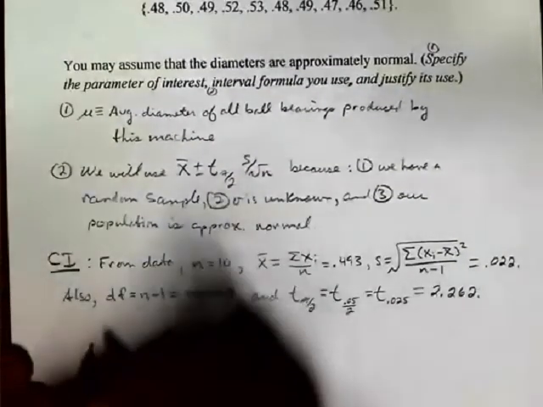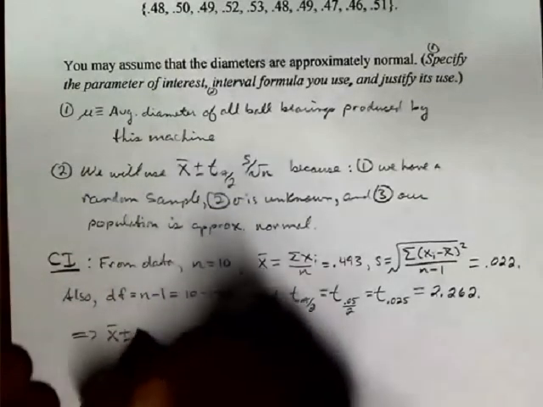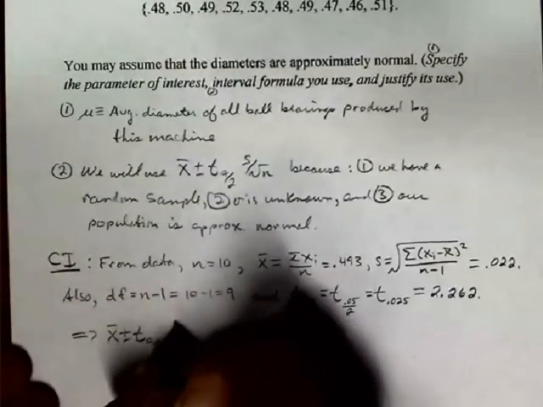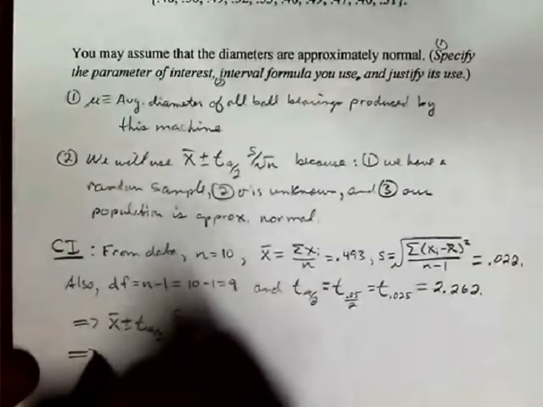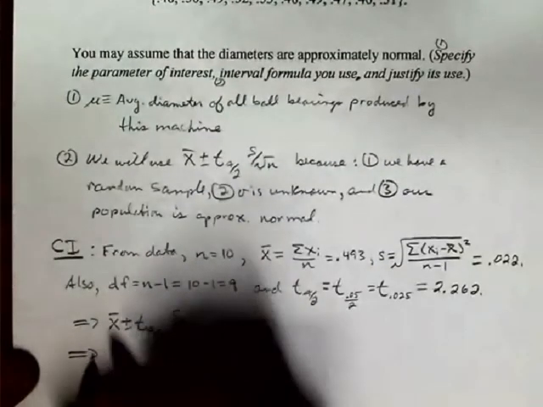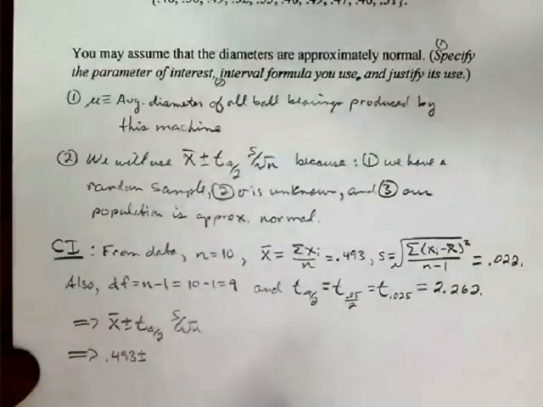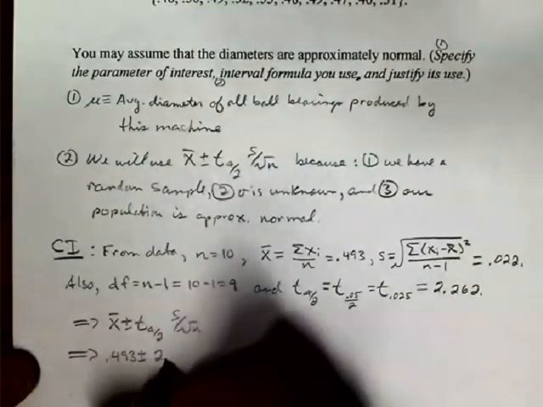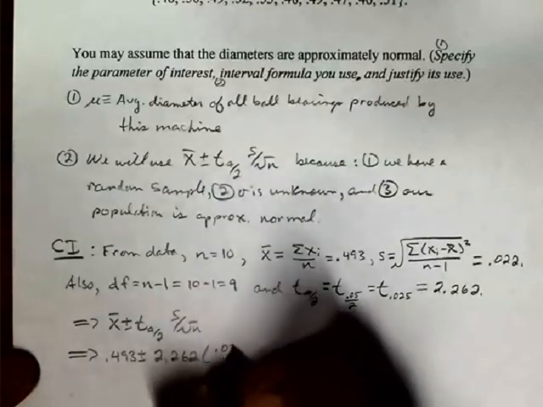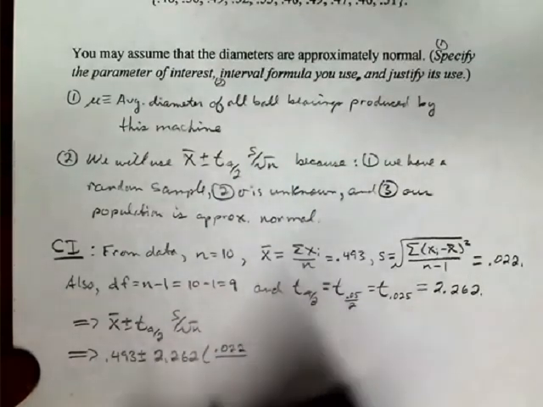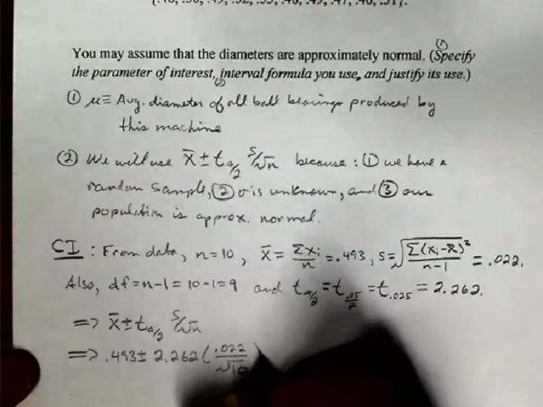So we just plug in here. We have x bar plus or minus t sub alpha over 2 times s over root n. So just plug it in here. We got 0.493 plus or minus 2.262 times 0.022 divided by the square root of 10.